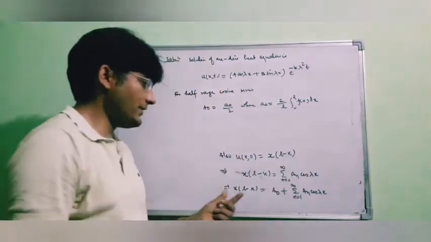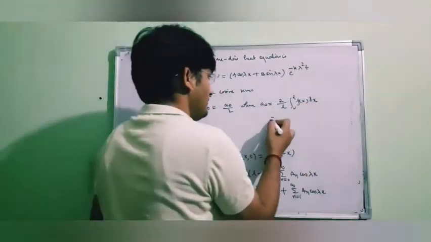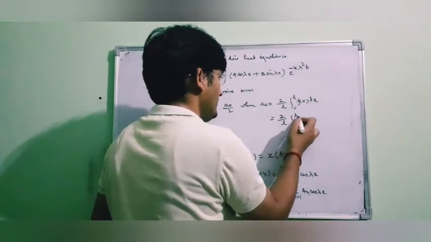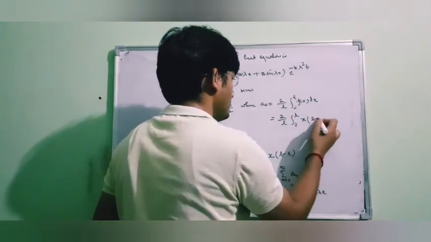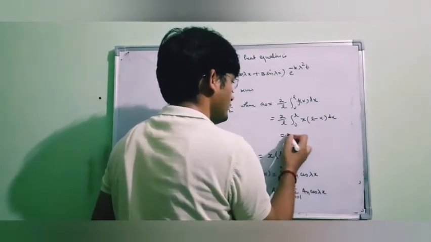f(x) means your left hand side, so it is equal to 2 upon L integral 0 to L of x into L minus x dx. Now you can integrate this one.